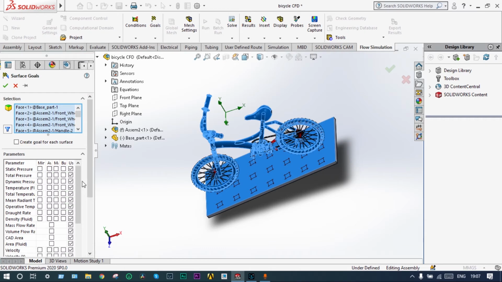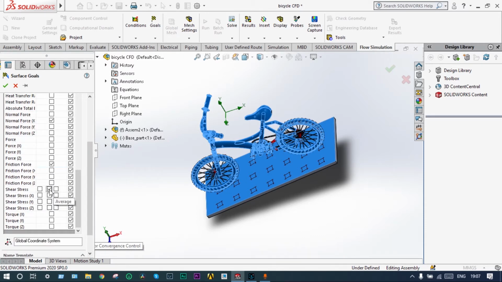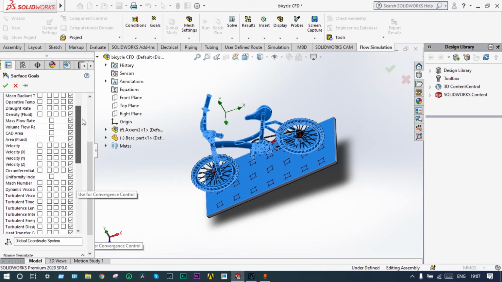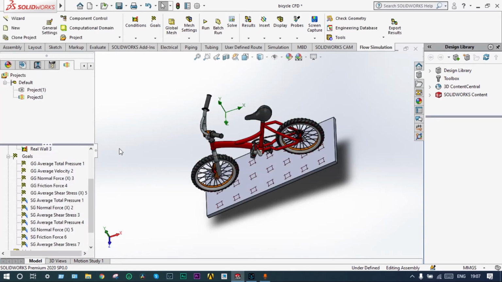So we have selected all the surfaces and provided surface goals. Surface goals of normal force in the x direction. You can find frictional force, average shear stress, and also average total pressure. All the goals have been defined properly. Next we can run it.